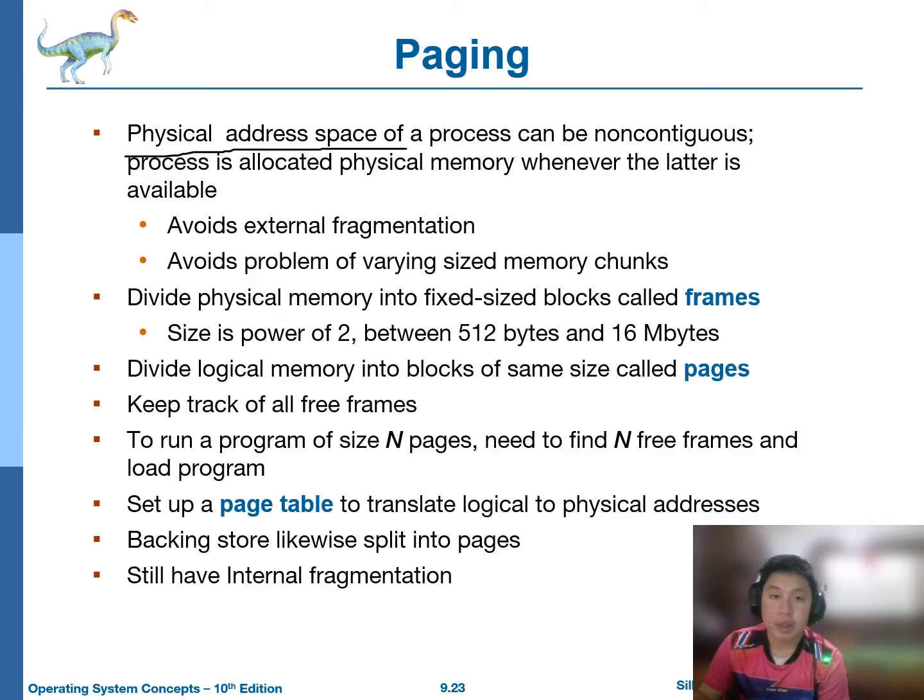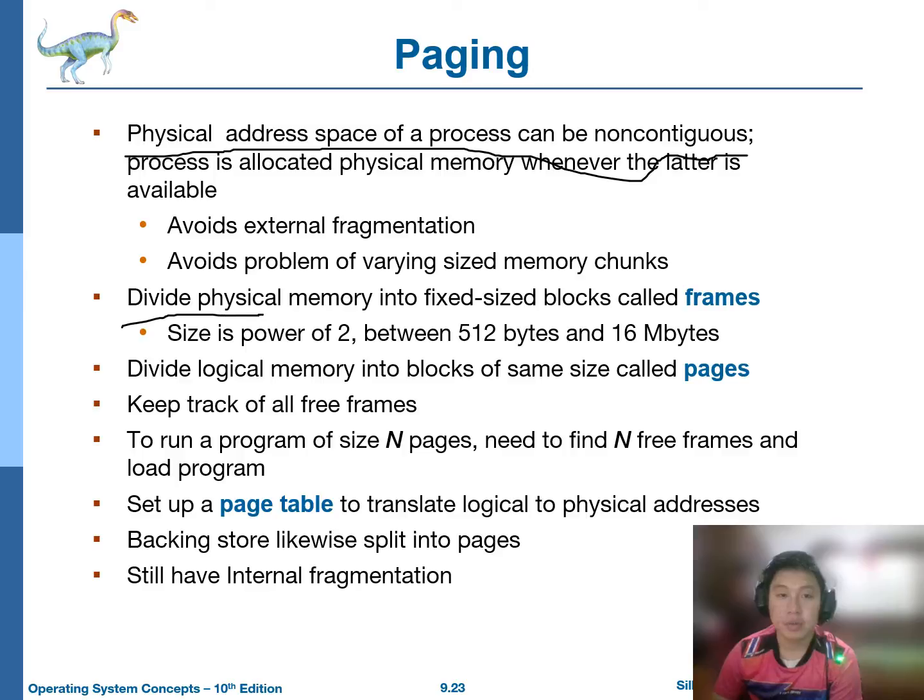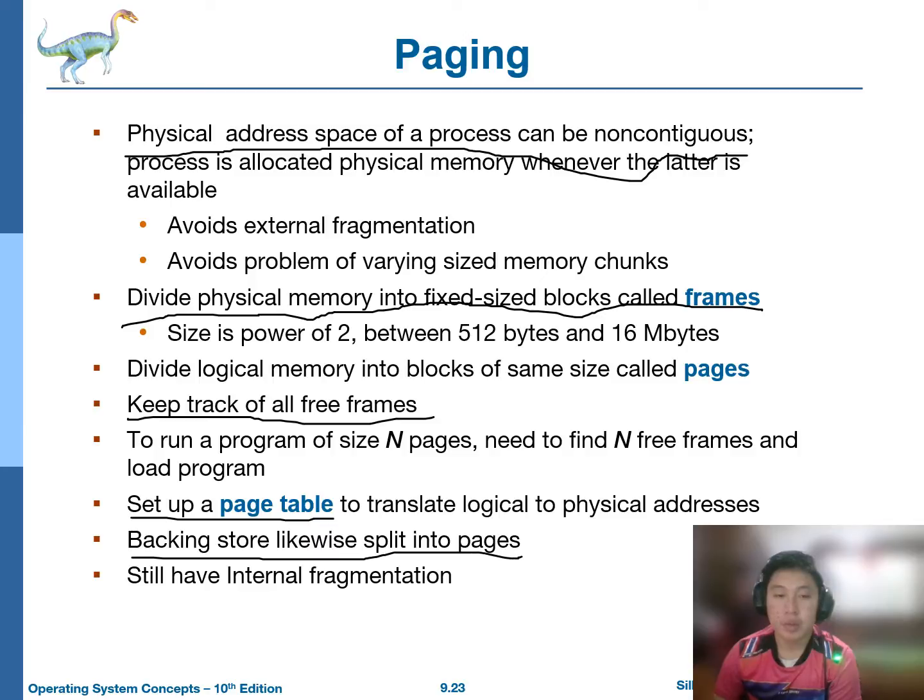Paging. The physical address space of a process can be noncontiguous. Divide physical memory into fixed-sized blocks called frames. Keep track of all free frames. Set up a page table to translate logical to physical addresses. Backing store is likewise split into pages.